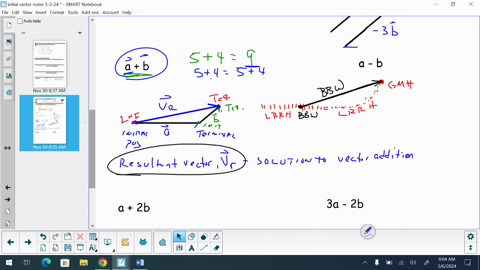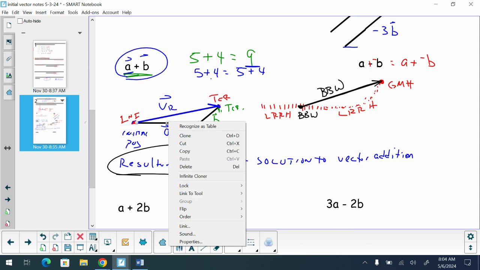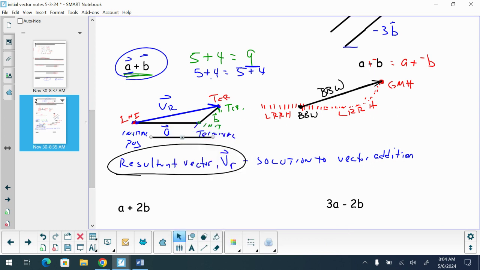Well, what if we had A minus B? What we learned early on in mathematics when we dealt with integers, when we have subtraction, A minus B is equal to A plus a negative B. So I could take the negative up with the B. So we still want to travel A first.